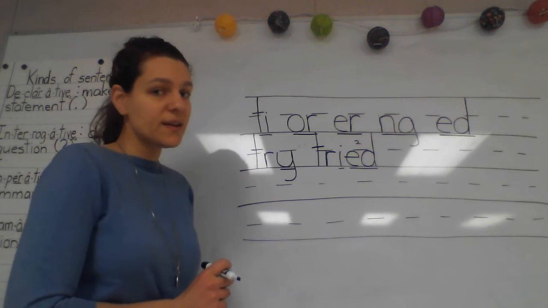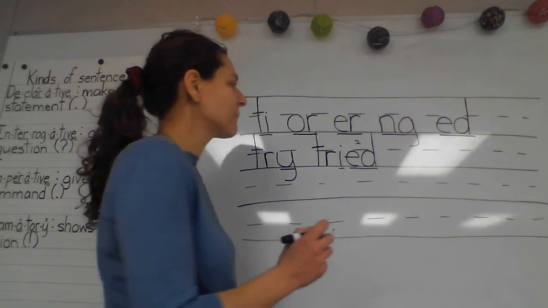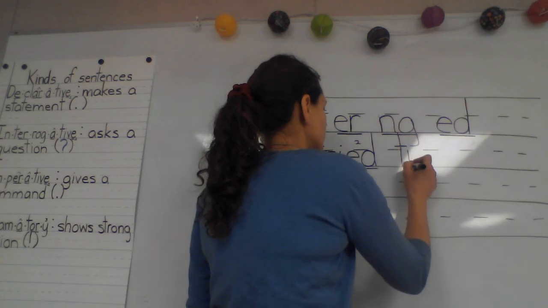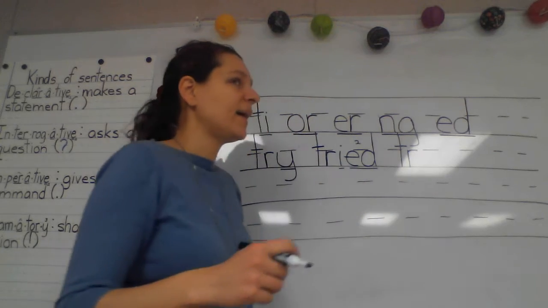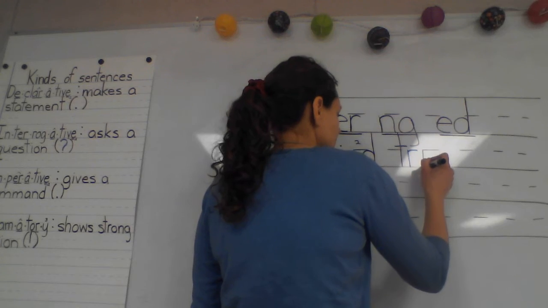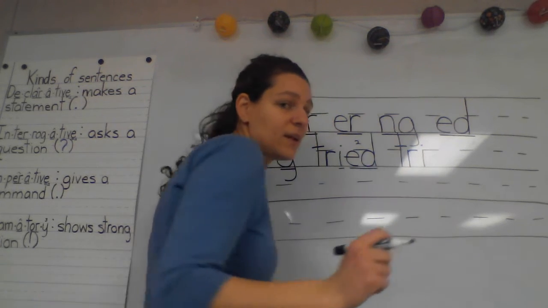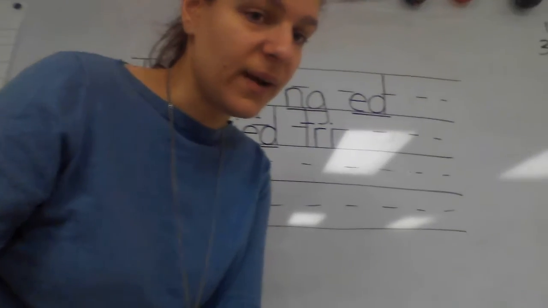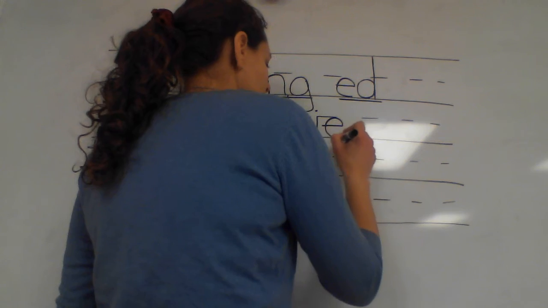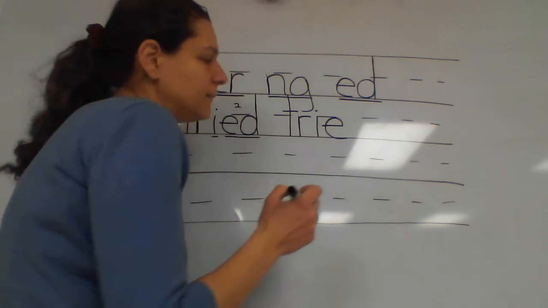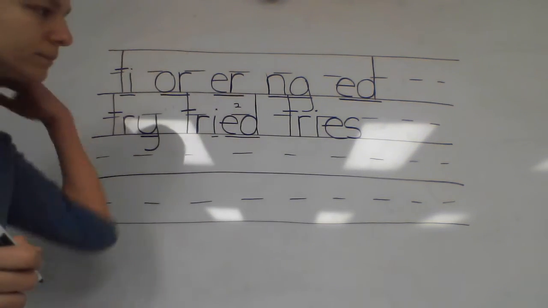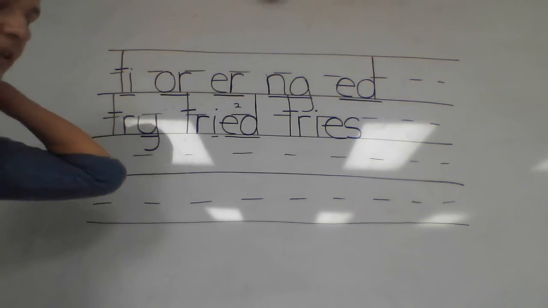All right, class, put your finger under that first phonogram. What is it? Good. T. Good. R. I. Which I? Good. I-E. All right, and then we have silent E, and then Z. Make sure yours looks like this.